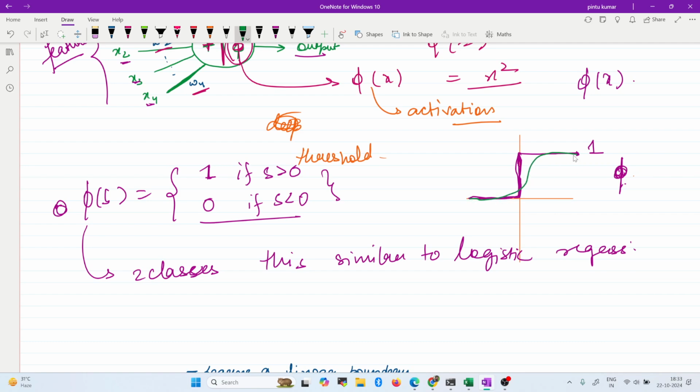This is sharper because logistic regression is more advanced. Although deep learning is doing very well, we will see why it is doing so well. But logistic regression is slightly newer compared to this. So this is differentiable and those kinds of things. But when the single perceptron was proposed, the phi activation function was not differentiable, and it has this kind of structure.